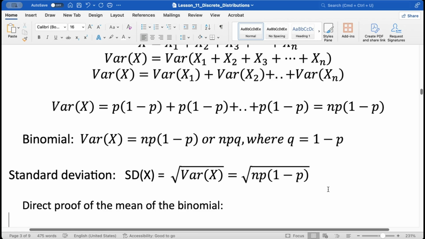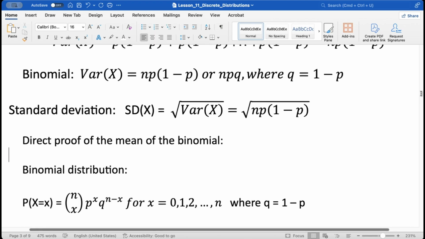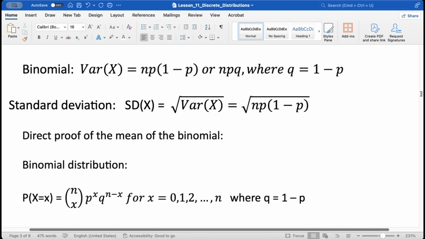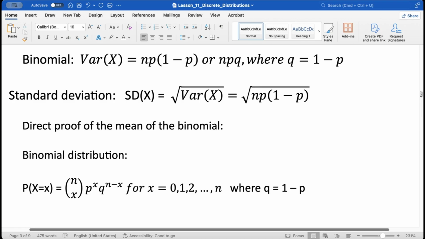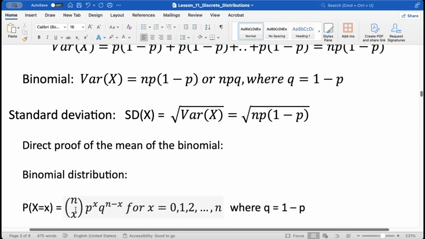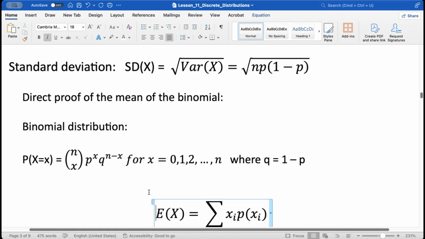Now I'm going to briefly go through the direct proof for the mean of the binomial. It's a lot longer than using the Bernoulli viewpoint, but this technique will be used for other types of variables, so it's worth getting a look at it here. So we take the binomial distribution. Probability that x is equal to x is n choose x, p to the x, q to the n minus x. x goes from 0 to n, q is 1 minus p.